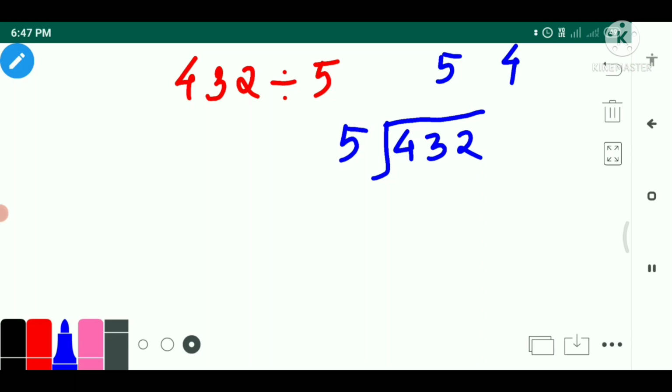So after comparing these two numbers, we can conclude that 5 is greater than 4, right? So our divisor part is greater than the value that is in 100 place in dividend part. So in that situation, what we will do, we'll take two numbers in the dividend part to make it bigger one. Okay, so now we'll take 43, we'll divide 43 by 5.